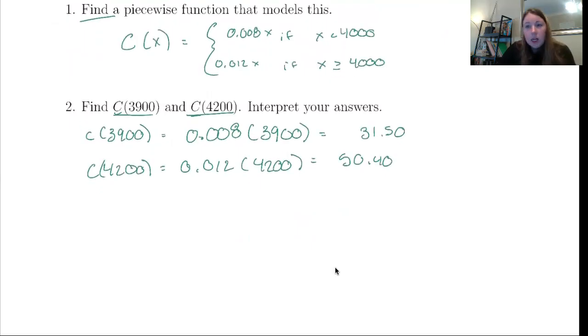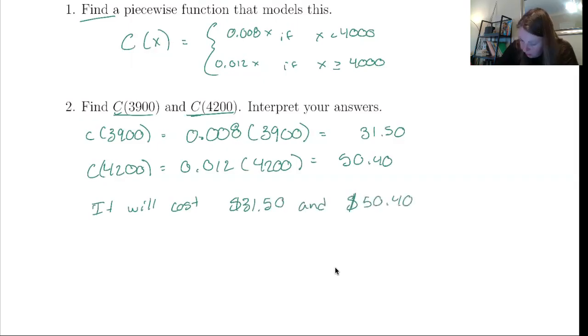We can do this one at a time, or we can do it at the same time. If we wanted to do it at once, we could say it will cost $31.50 and $50.40. When you're doing these interpretations, you have to use units.